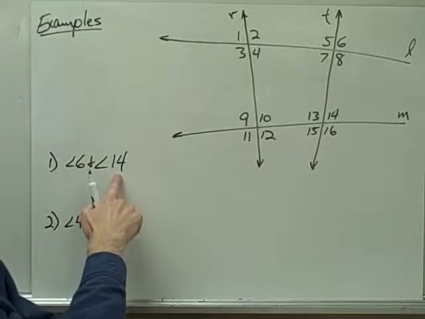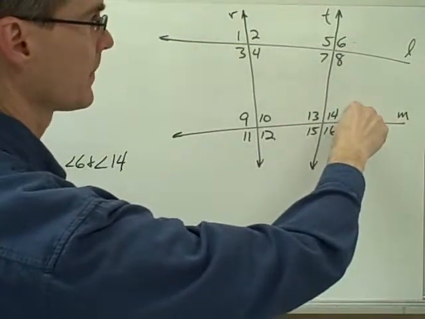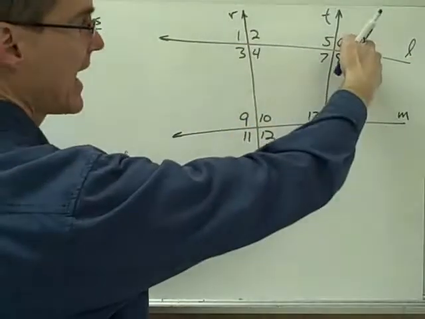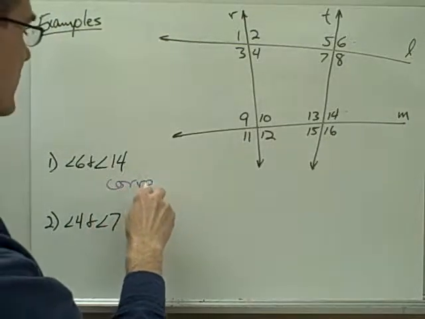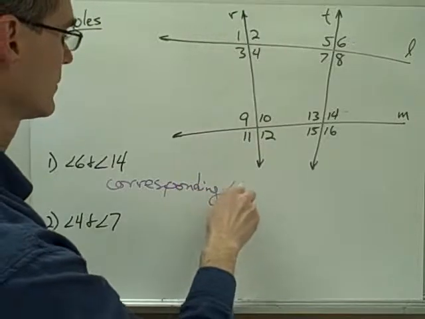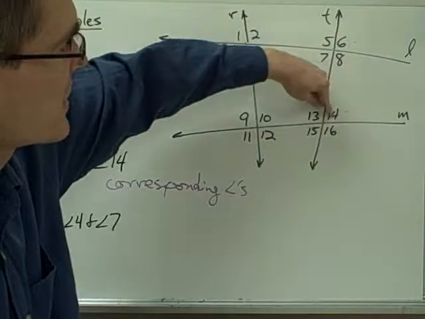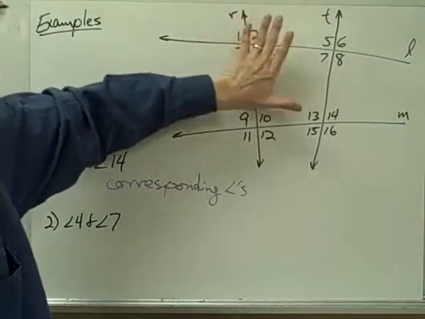So let's take a look at angle 6 and angle 14. Here's angle 6, and here's angle 14. Remember back to my definitions of the angle pairs that I just looked at. Angle 6 and angle 14 are corresponding angles. So that's my angle pair name. The transversal, notice that for angle 6 and angle 14, I'm essentially not using this part of the diagram at all.